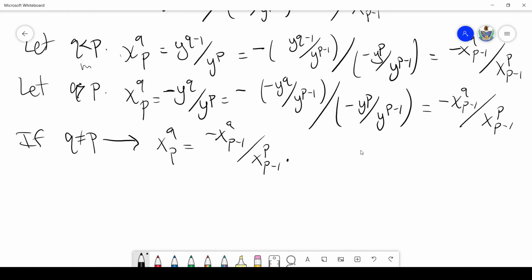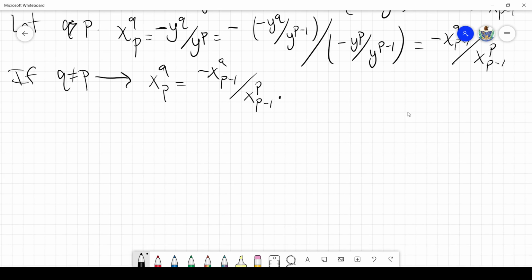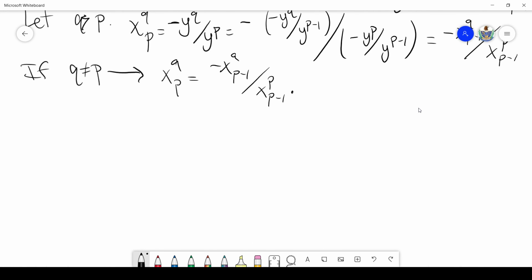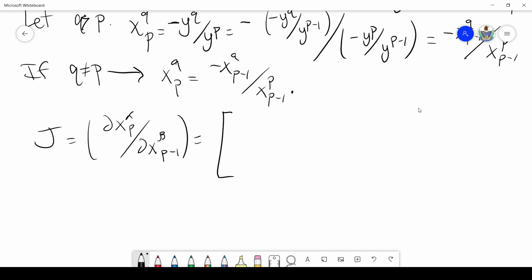All right. Now, we are going to let J be the Jacobian for the transition between the p minus 1 coordinates to the p coordinates. In other words, it's going to be the matrix dx alpha p over dx beta p minus 1. And just to sketch out a few terms here, let's say this is two-dimensional.